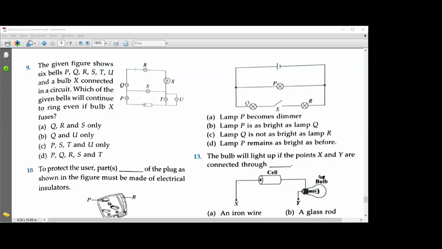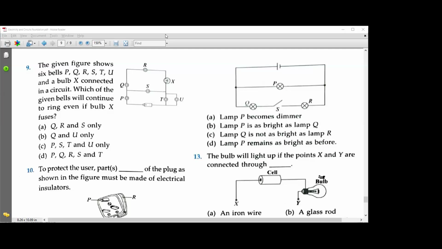Okay, the source is here. X fuses means Q and S will not get a path. Ninth, C. Somebody has written C. 9C.